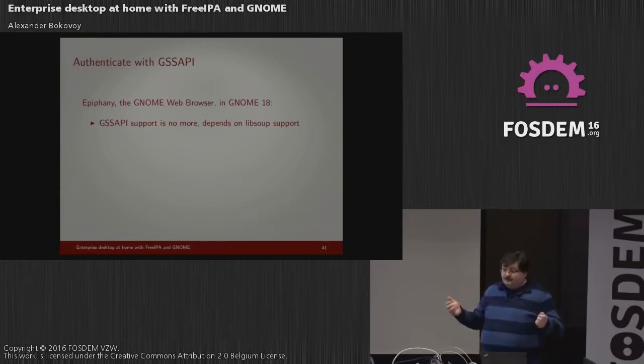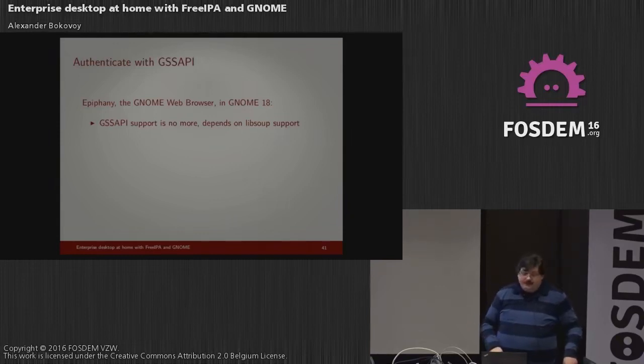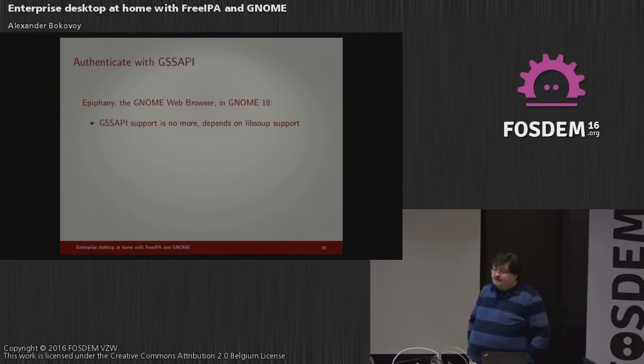Epiphany is a GNOME web browser. I will do it with just Epiphany here, and I will talk about the other parts. But practically, if you take Fedora 23 or any other release since 2009, the GSS API support is not there because it was removed in libsoup after refactoring.